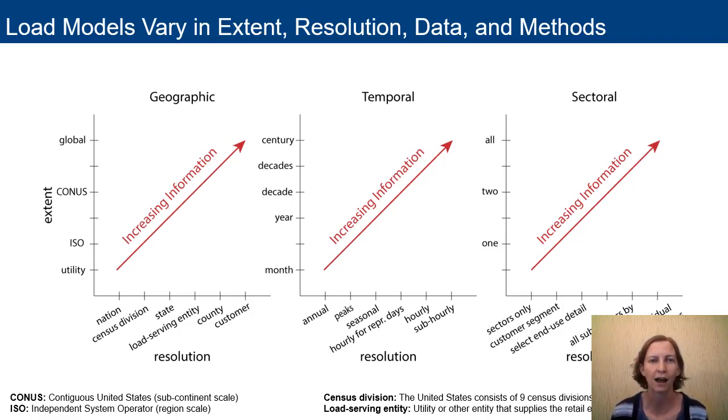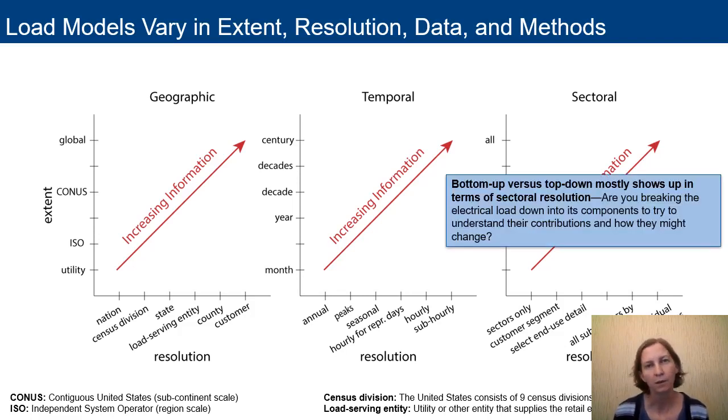So if I have a highly resolved model on the geographic dimension, I might have a data point for every customer. And if I have a medium level resolution model with regards to time, maybe I have hourly data for a few representative days of the year. Basically, in all these dimensions, we have choices in both extent and resolution.